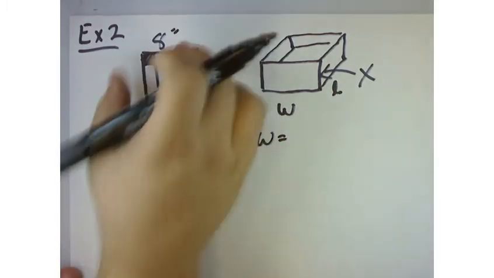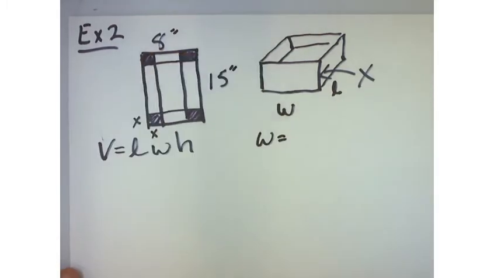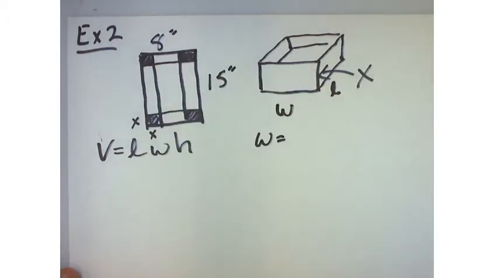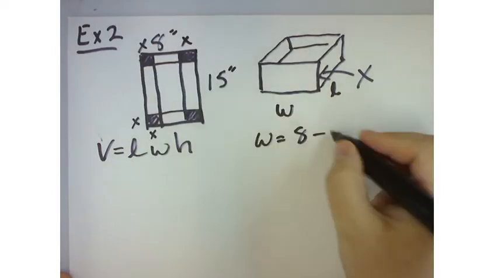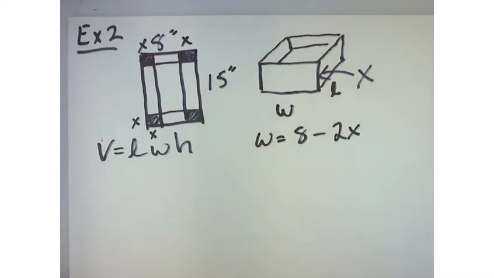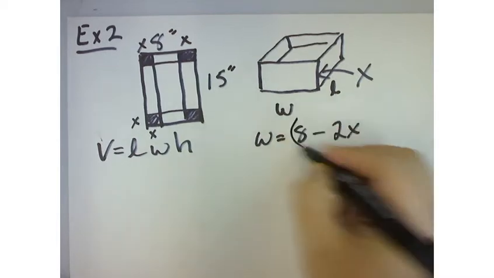Well, the original cardboard size is 8 inches wide, but what am I subtracting from it? Not x squared, you're close though. This is x and this is x, so I'm subtracting 2x from it. Now I don't know what the length of x is, but that is what the width of this is.